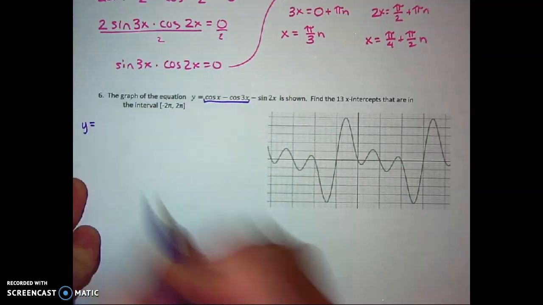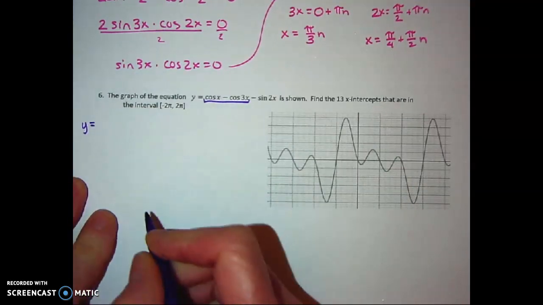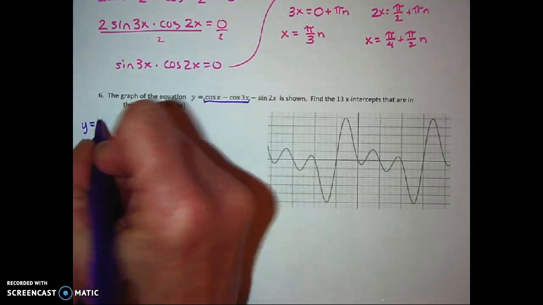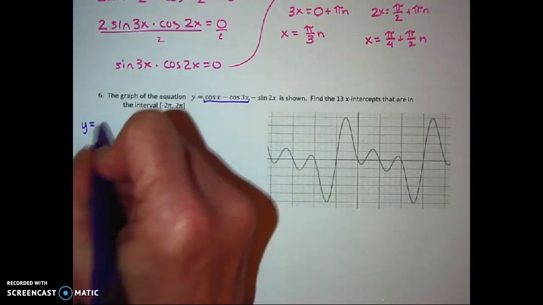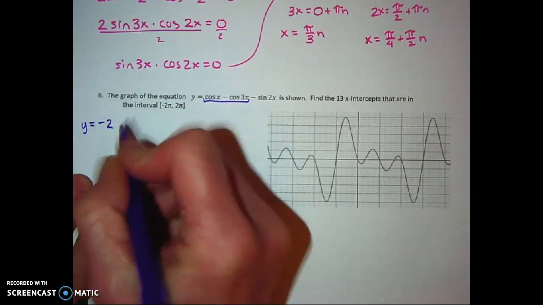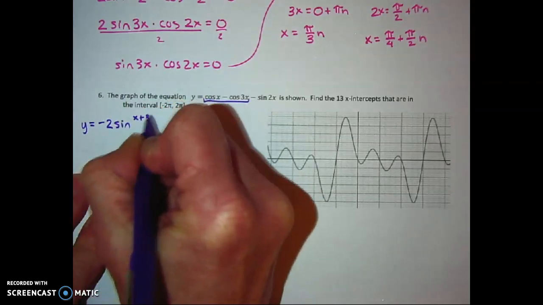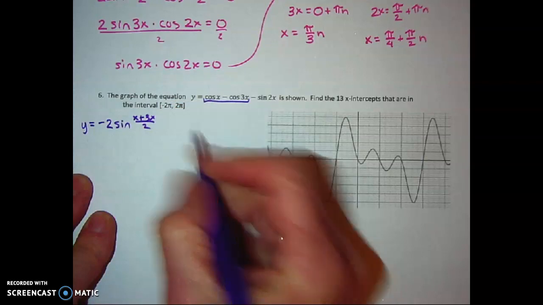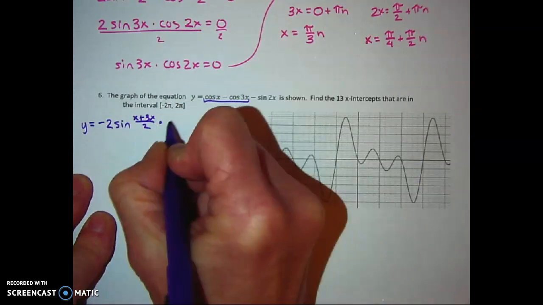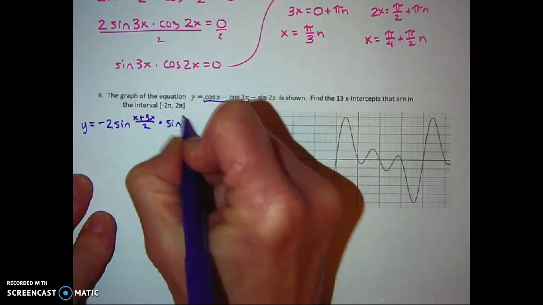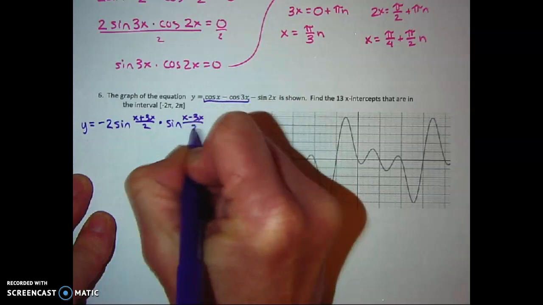I'm going to take those first two and use that sum to product rule, which lets me write this as negative 2 sine of (x plus 3x)/2 times the sine of (x minus 3x)/2.